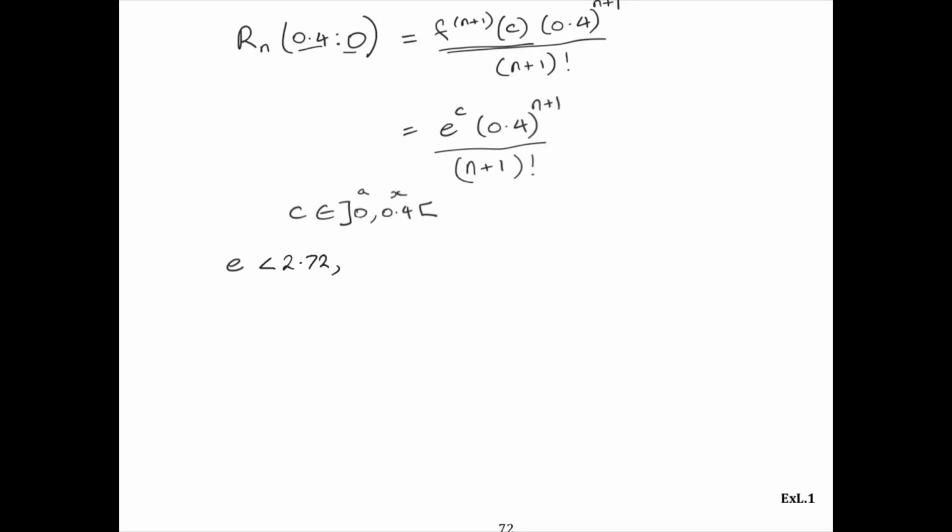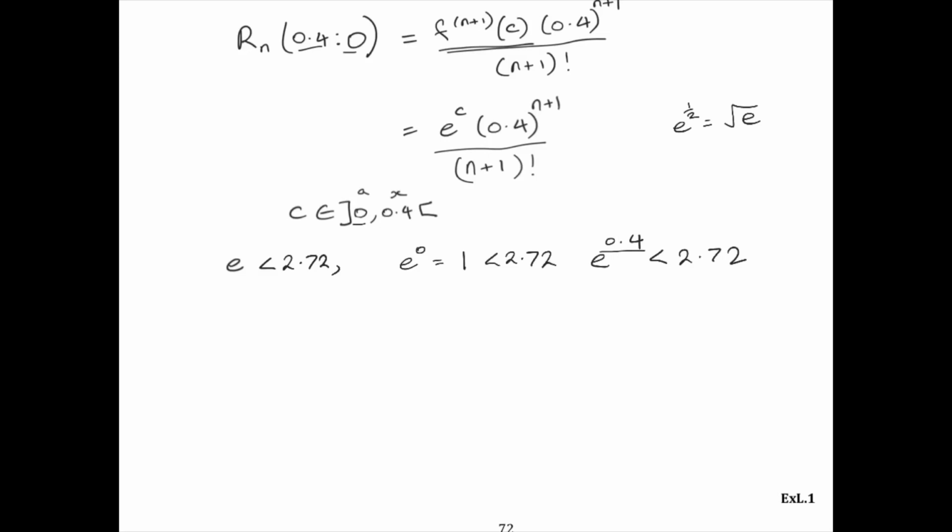So let's think about e to the c. Let's look at it at the two extremes. e to the 0 is equal to 1, which is also less than 2.72. And e to the 0.4 is going to be definitely less than 2.72, because e to a power less than 1 actually reduces the value. So for instance, e to the half would be the square root of e, which is smaller than e. So e to the 0.4 would also be smaller than e, which is also less than 2.72.